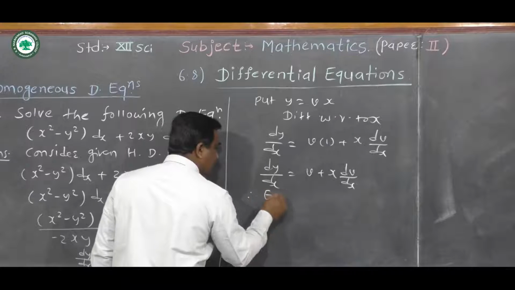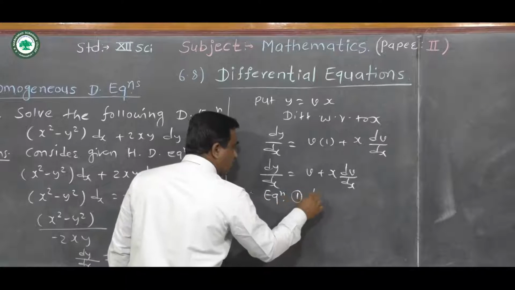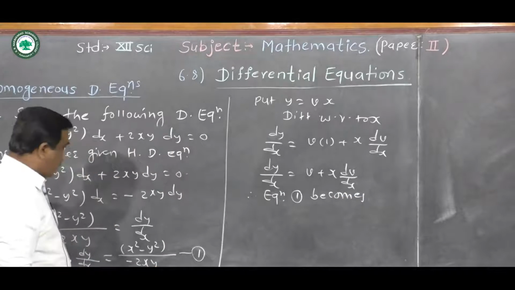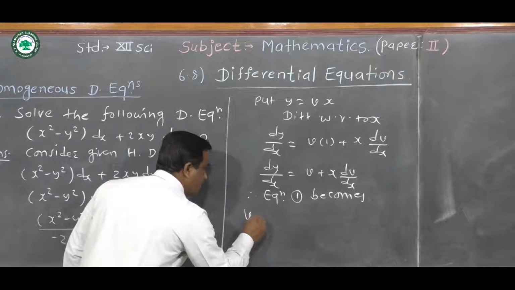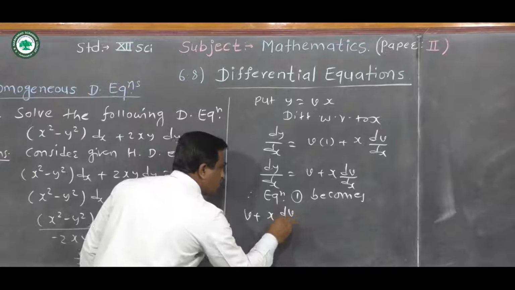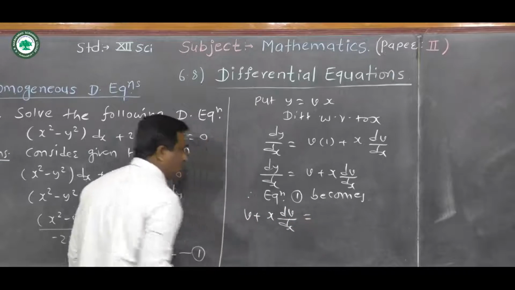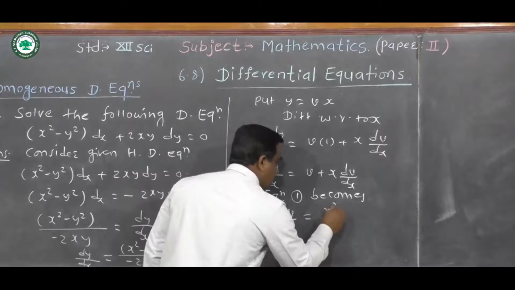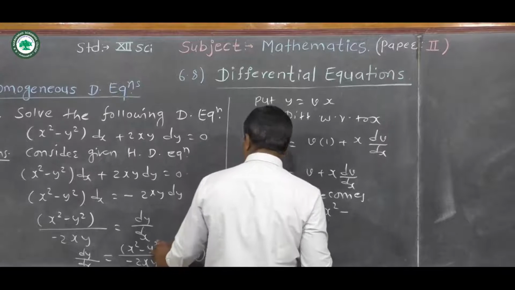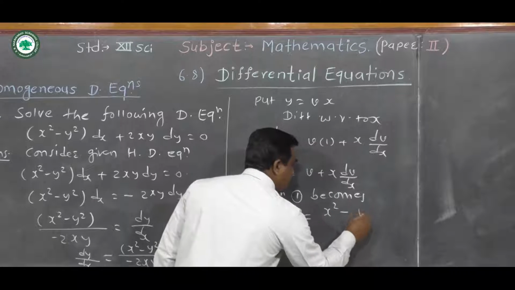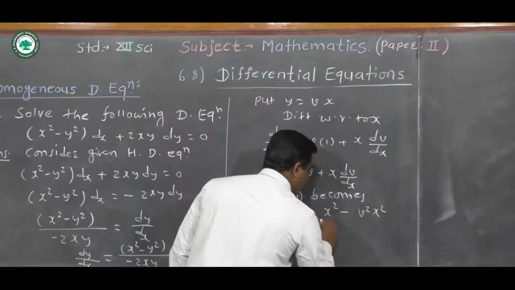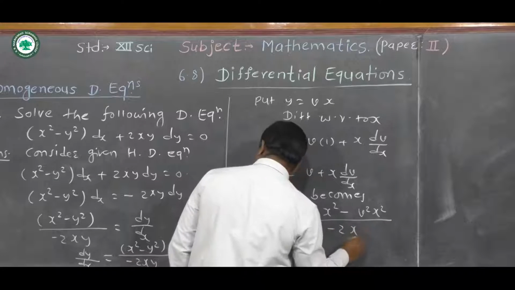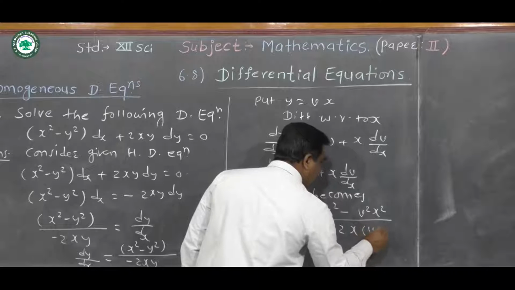Therefore, equation 1 becomes v plus x into dv by dx equal to x square minus y square upon 2xy. Putting y as vx, we can write x square minus v square x square upon 2 into x into vx.